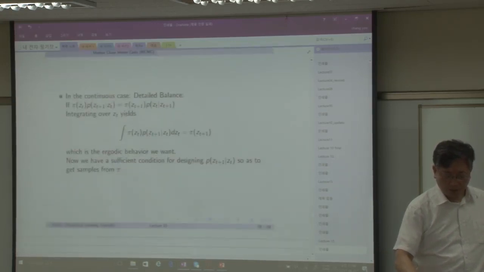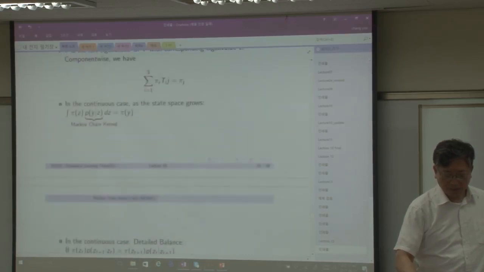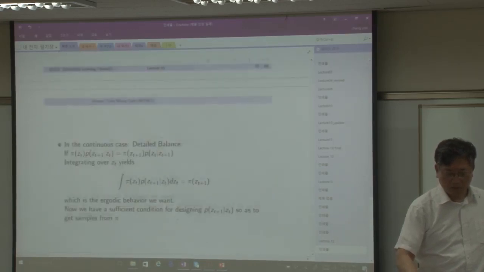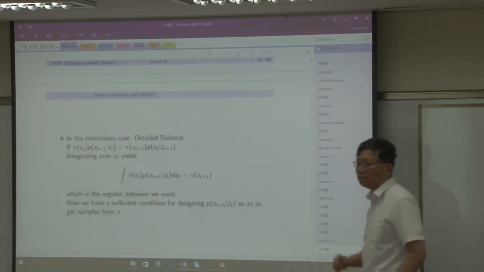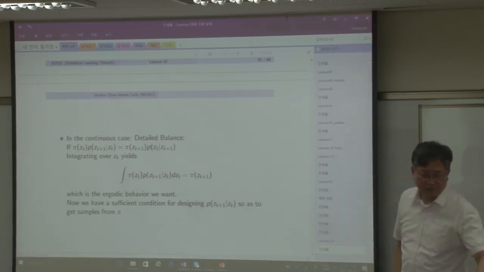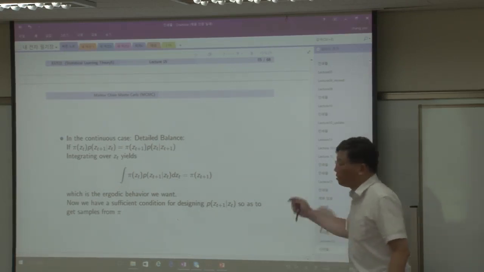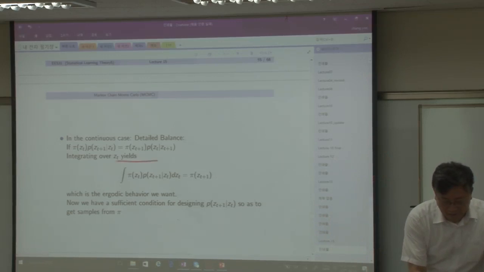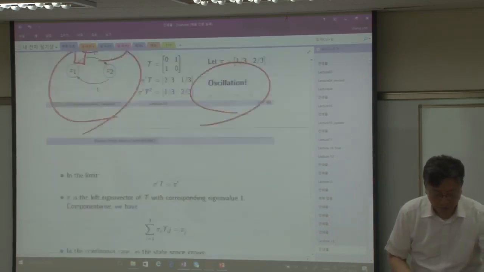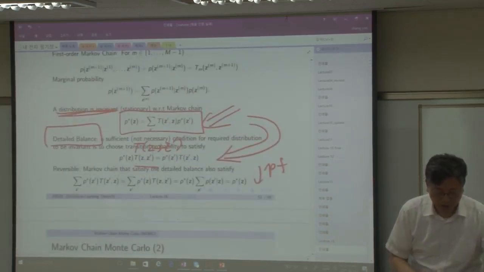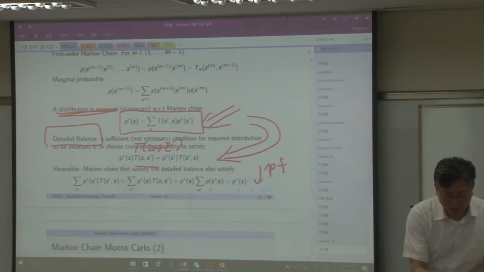Now I'm going to skip all this because I'm going to consider a case for this equation, for the distribution being invariant, or the Markov chain being stable, stationary.